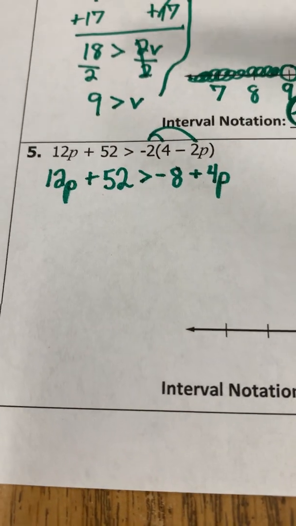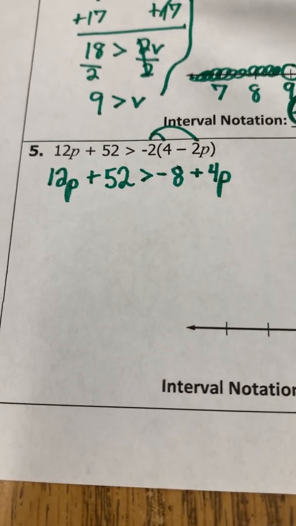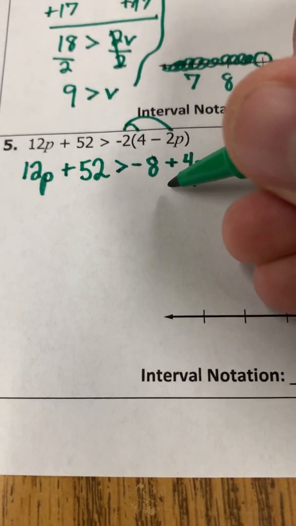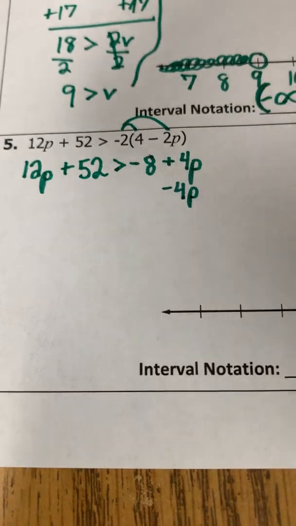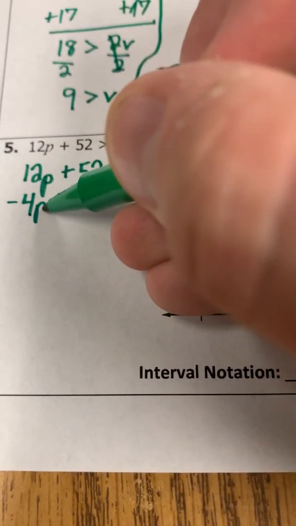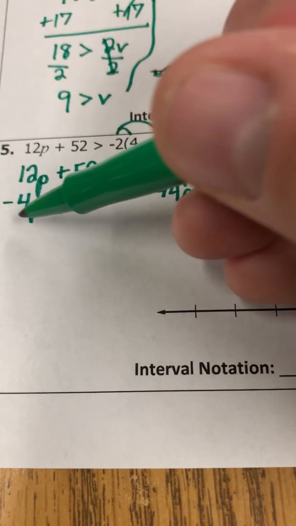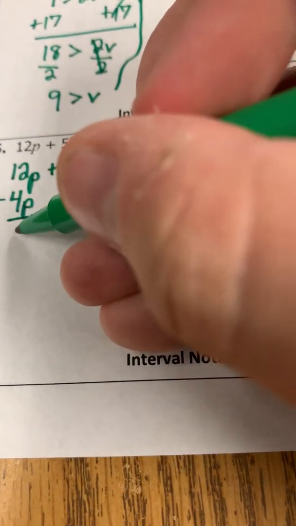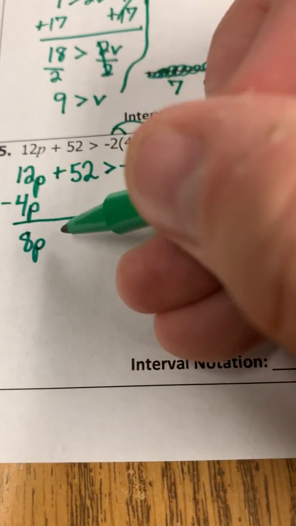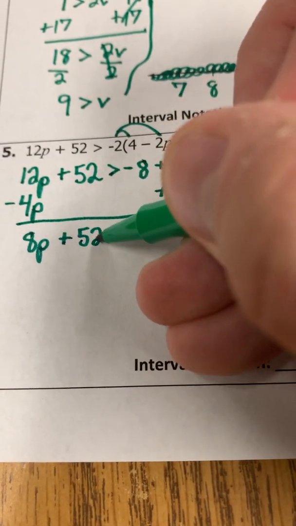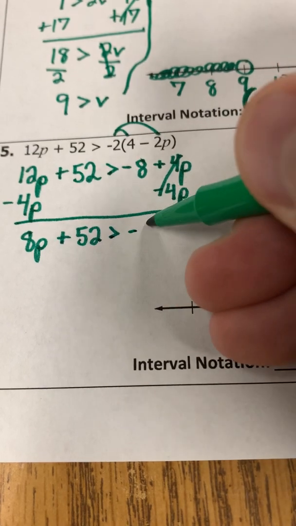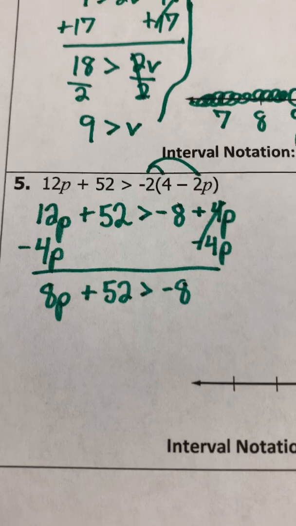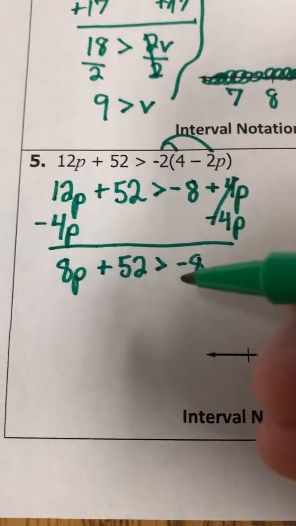Now, like we said earlier, on this one, the variable does better if it's on the left side. So let's move the 4 to that side. 12p minus 4p is 8p. Okay, so now we can move the 52.